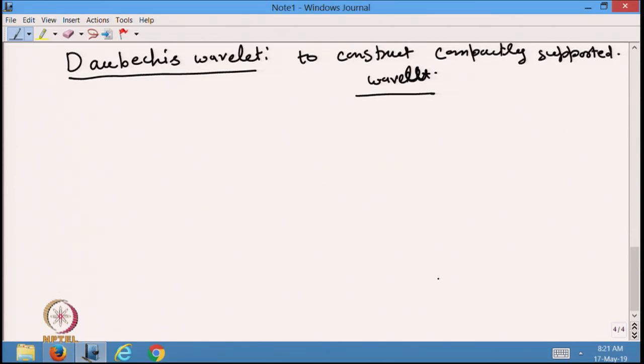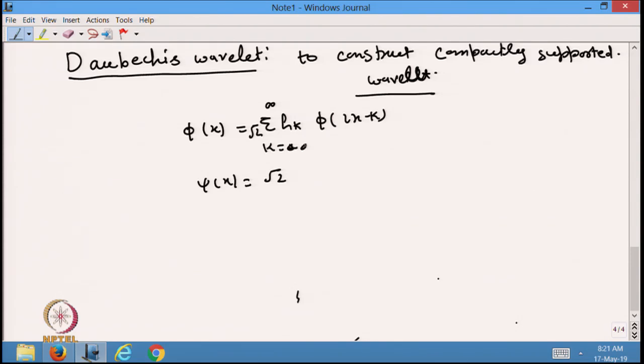Okay. So, how we were defining a compactly supported wavelet with respect to scaling functions and wavelet. Here k is from minus infinity to infinity, and this is because a wavelet system is characterized by phi and psi.